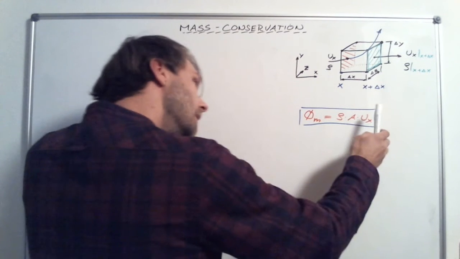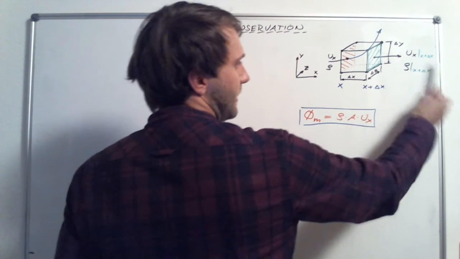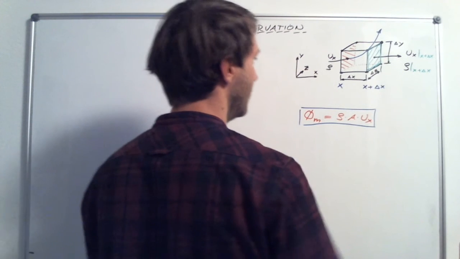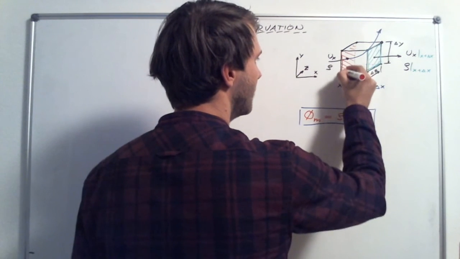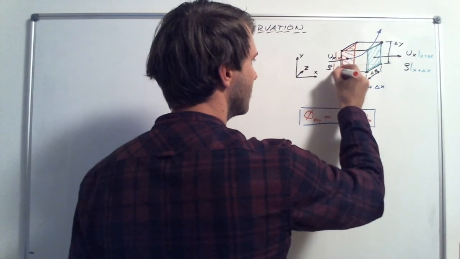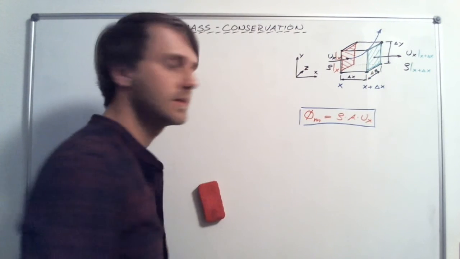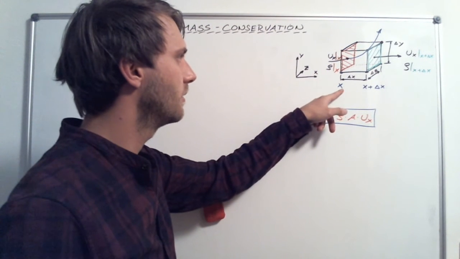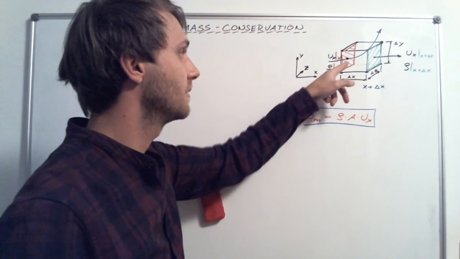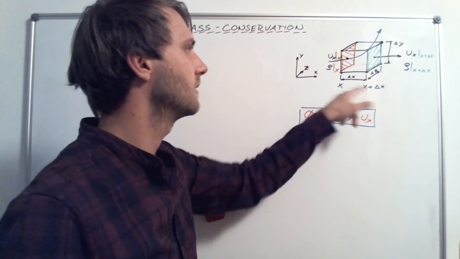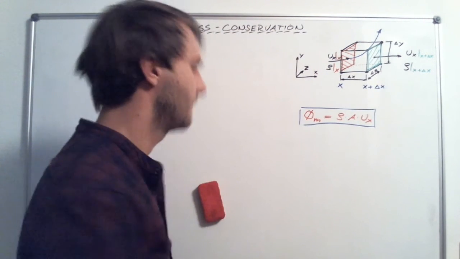So this is the mathematical expression that we are talking about density and velocity at this phase. If we are talking about the red phase here, we simply say it's at the point x. So if I say point x, it's always corresponding to the red phase. If I say at the point x plus delta x, it's corresponding to the green phase.